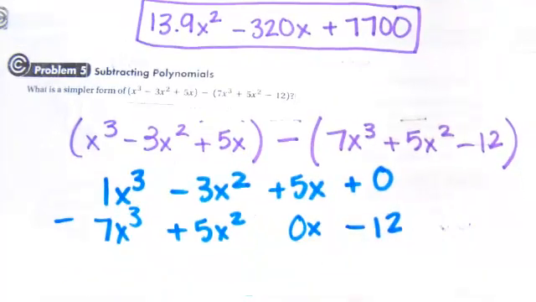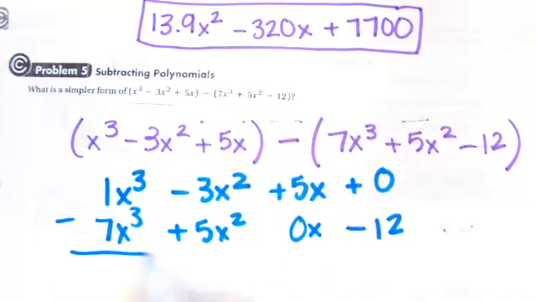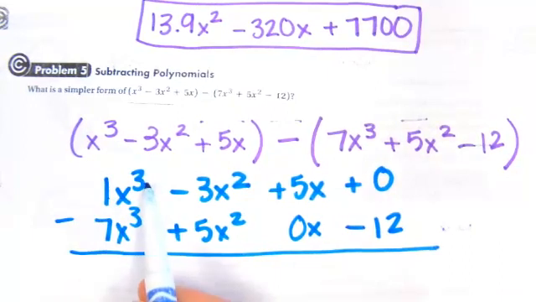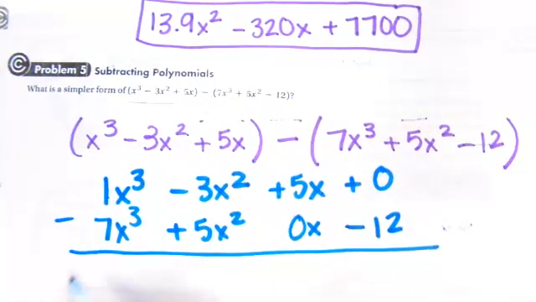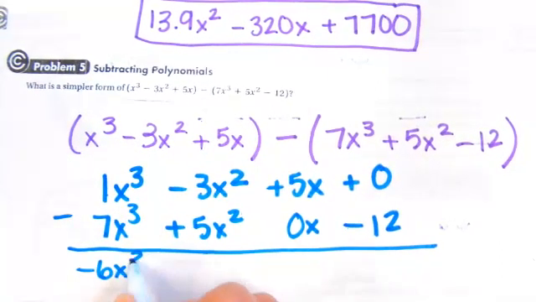So with subtraction and addition, technically, especially subtraction, it matters that we fill in the zeros, because now watch. 1x to the third power minus 7x to the third power is negative 6x to the third power.